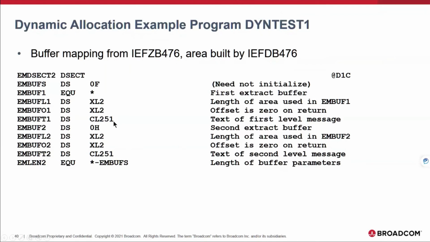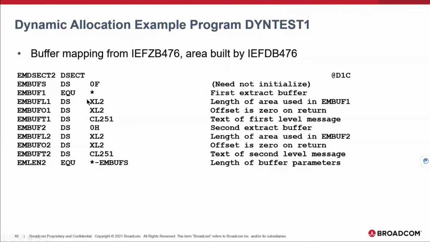So 251 plus 4 is 255. So we multiplied by 256, but really he's only using 255 bytes per message. This length has the length of how much is used in this whole area. This buffer offset is always 0. I think they planned to use it for something and never did, so it's just zeros.